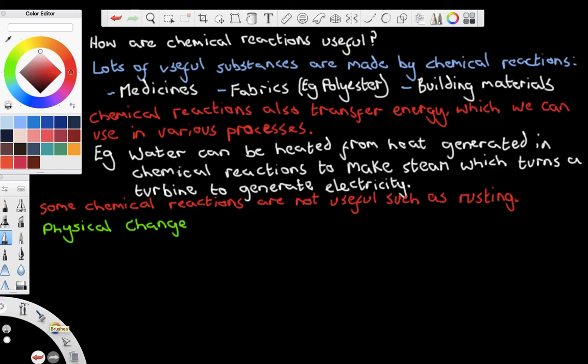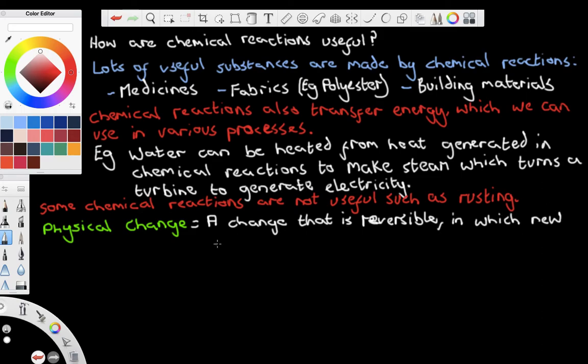A physical change can be defined as a change that is reversible, in which new substances are not made.